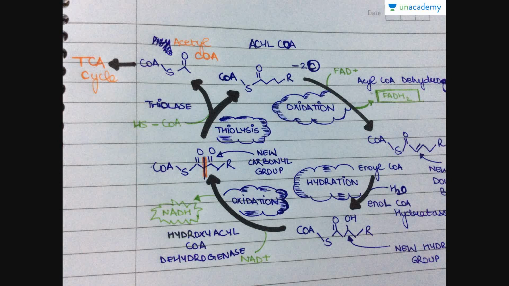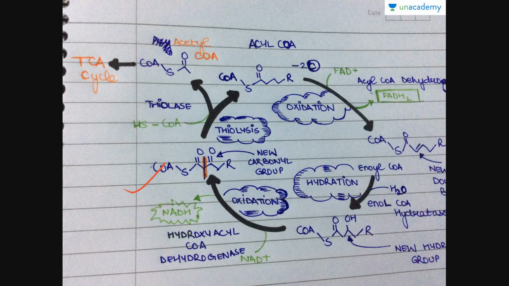Okay, now if you notice, this side basically represents the acetyl part, whereas this side we've got an acyl part. So the next step is called thiolysis. In thiolysis, breakdown takes place right at this position that I've drawn.